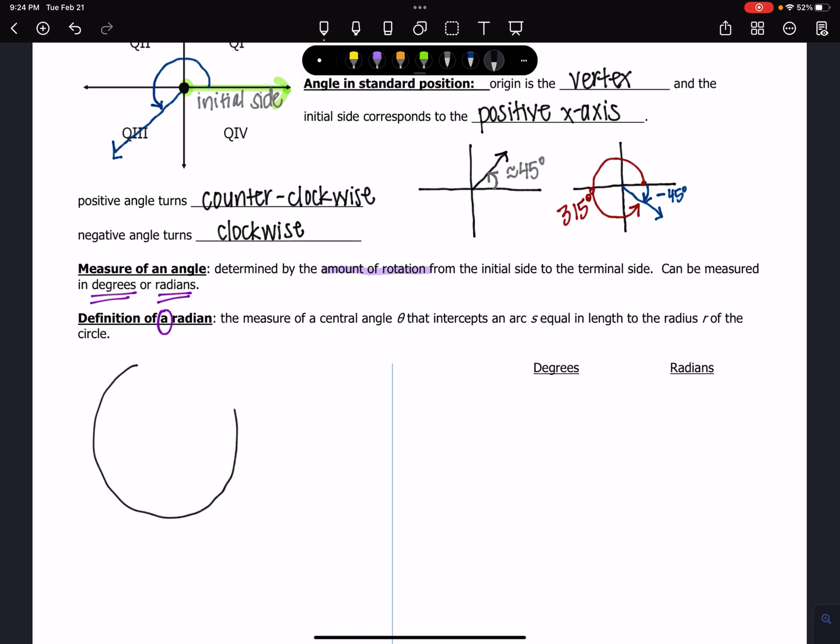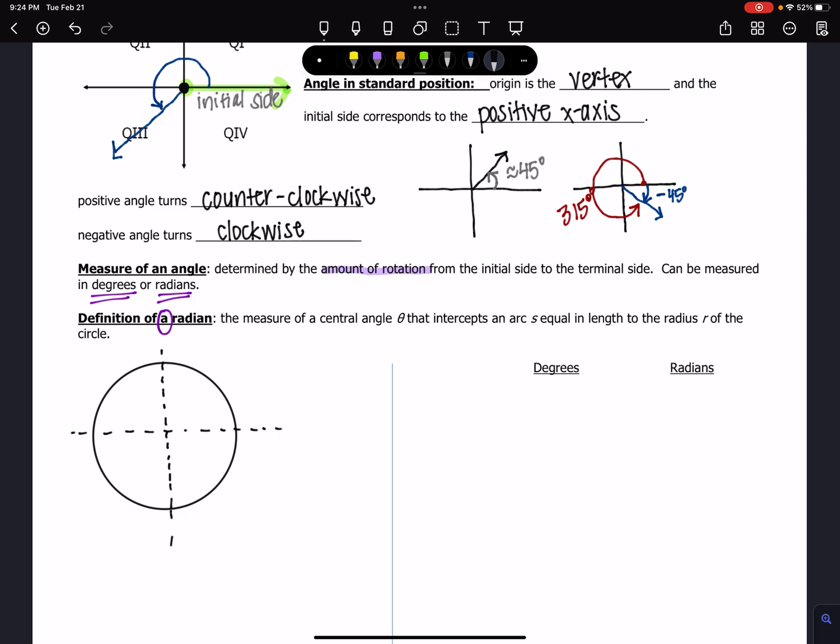And then, of course, once you know what one radian is, we can figure out what 2 radians is, and then what 3 radians are, 4 radians, and so on.